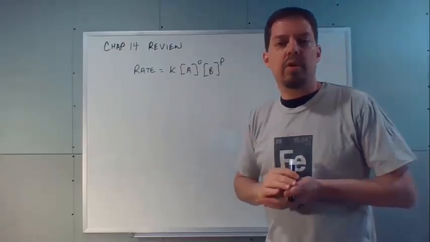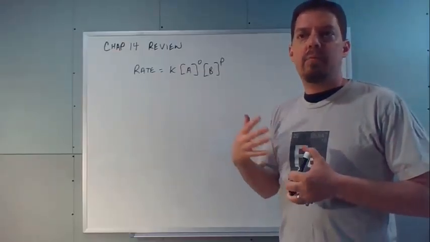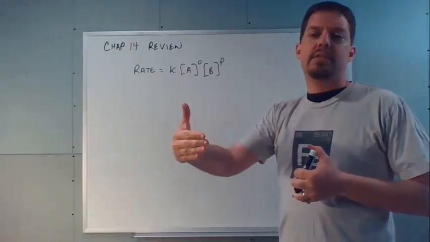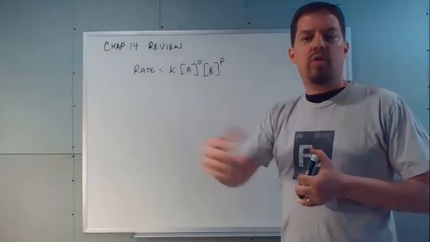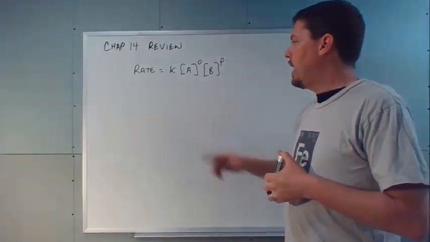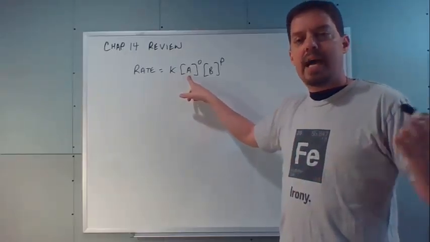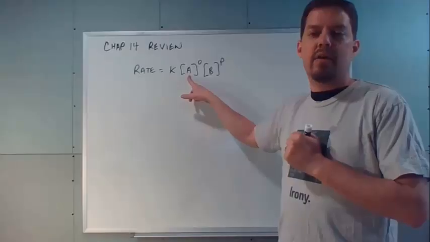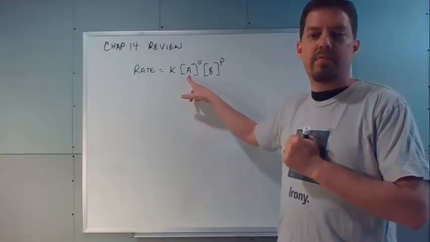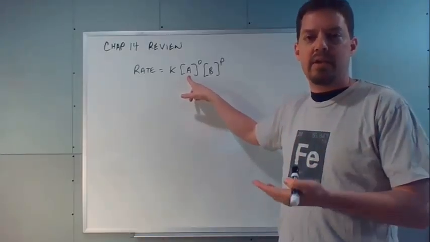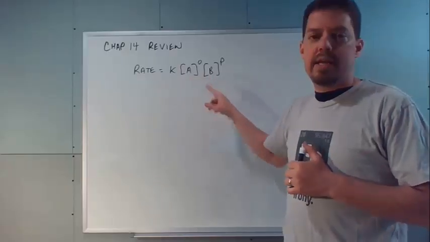Remember, the order tells us how much that one substance actually plays a role in the rate law. So how many of these A particles do I need to get through the slow step of the rate law in order to get my reaction going? And how many of these do I need?